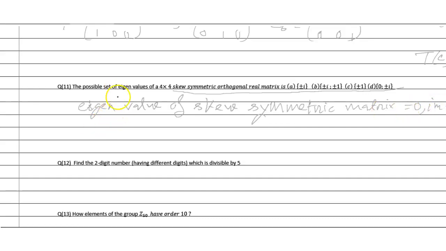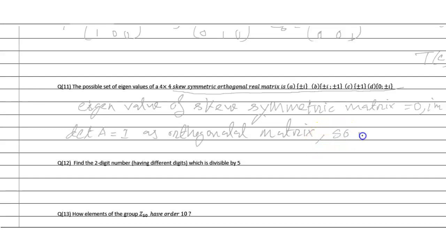For an orthogonal matrix, the determinant of A is equal to 1 as it is an orthogonal matrix. So no chance to be 0.